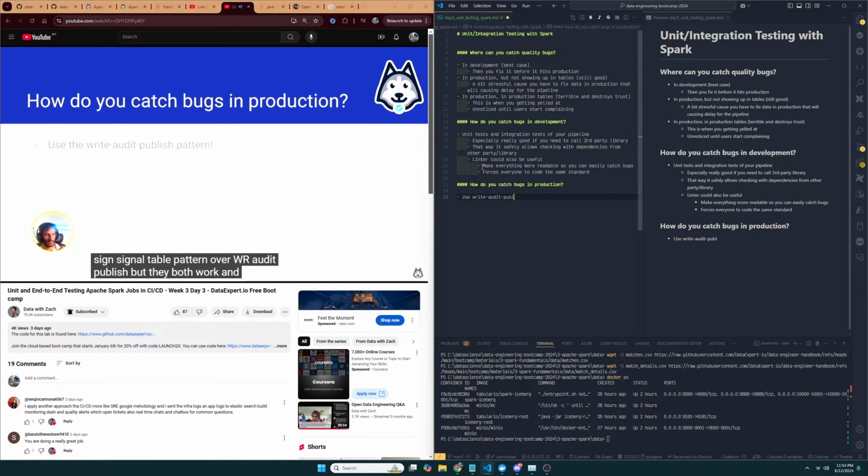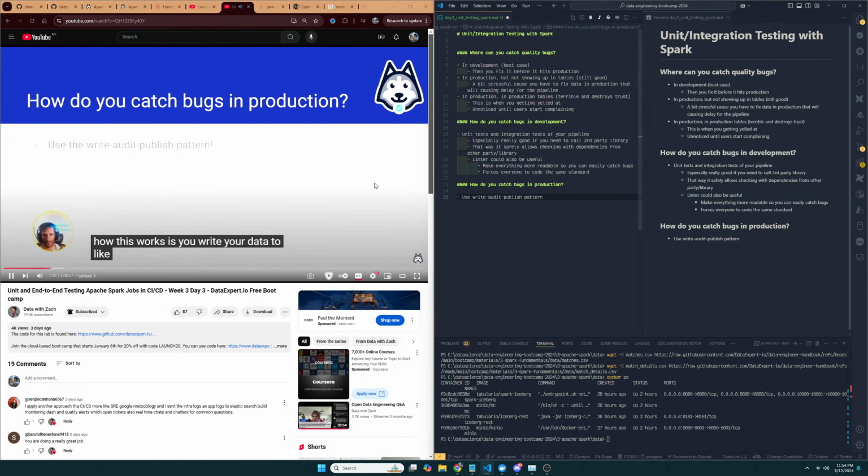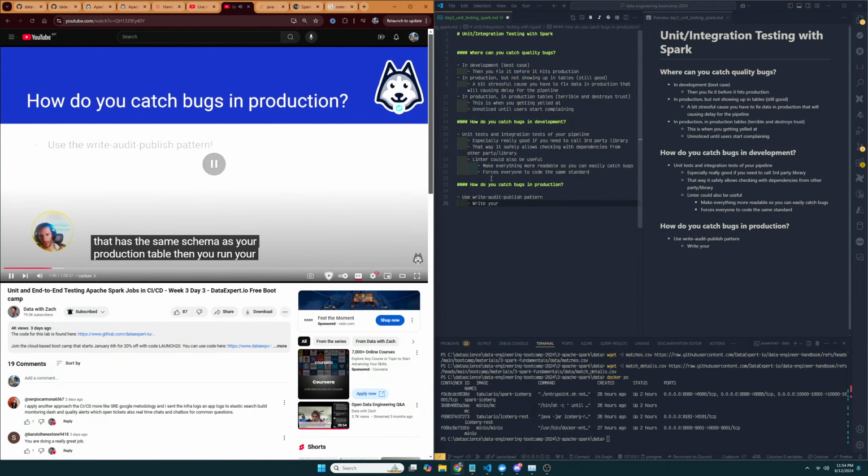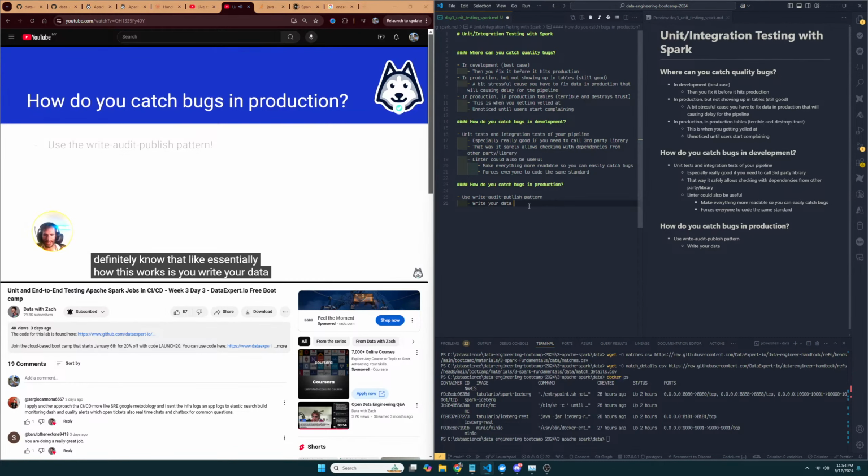And so definitely know that essentially how this works is you write your data to a test table or a staging table that has the same schema as your production table.